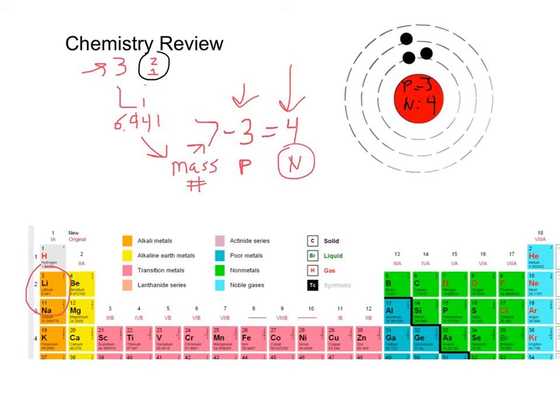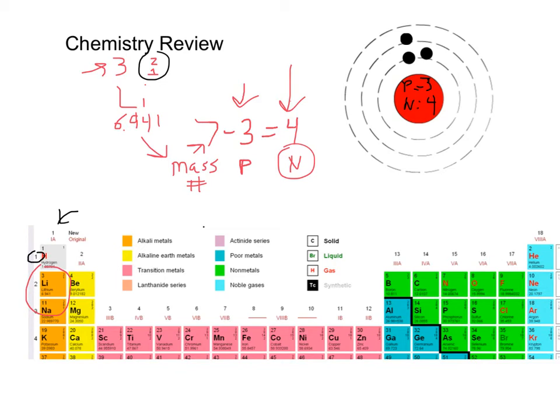There's a couple other things that you can get from the periodic table. You can tell the group number that an element is in, and that's written above. Right here. Right there. And then you can also get the row, which is called a period, which is right here.